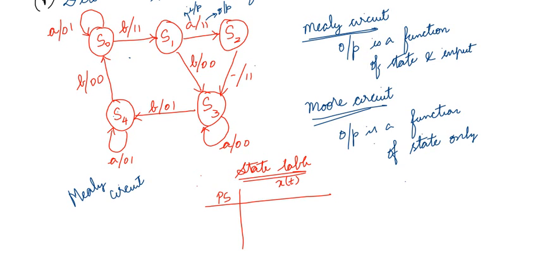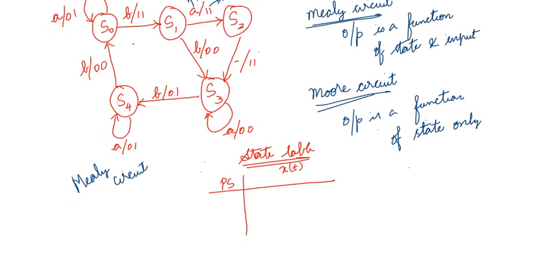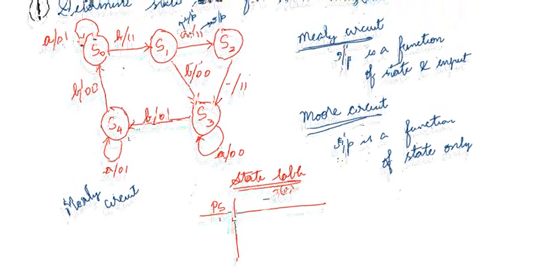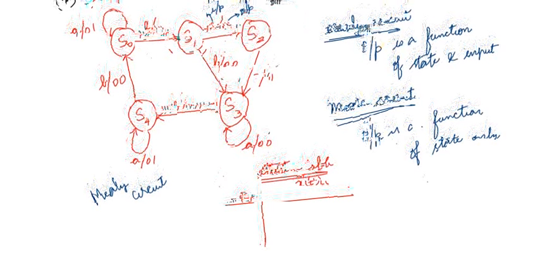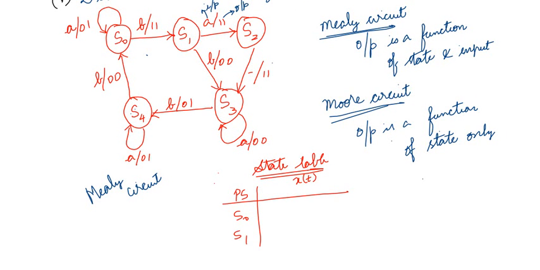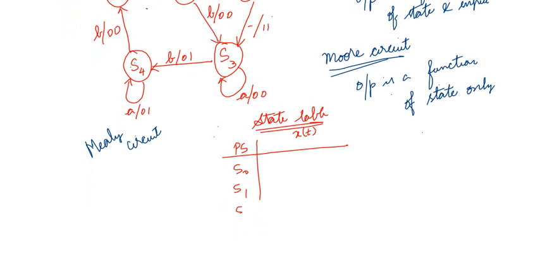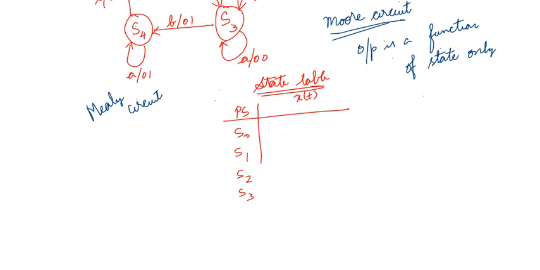What can the present states be? The state can be S0, S1, S2, S3, and S4. These possibilities are there.